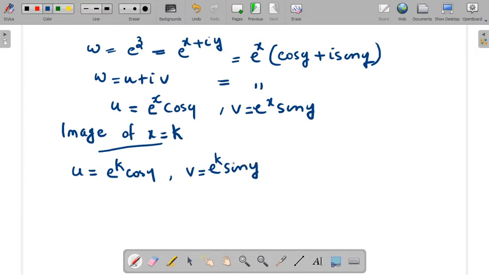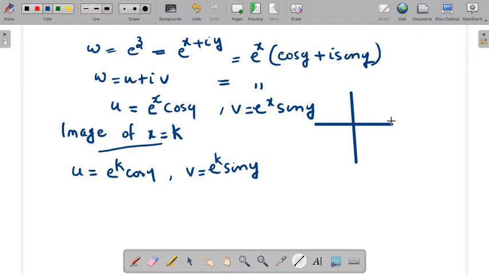To get the image of x equal to k, we are trying to find a relation between u and v. The line x equal to k lies in the z plane and the image will lie in the w plane.